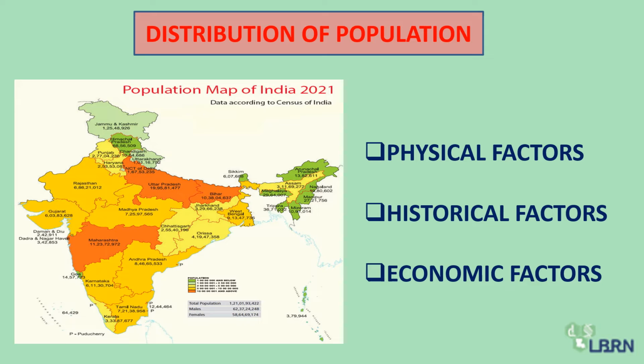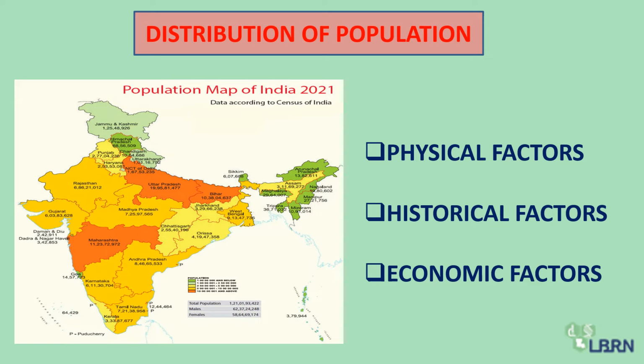These determine the distribution of populations. And the historical factors are regions with historical importance like river valley civilizations. War and constant invasions fall under the historical factors responsible for population distribution.